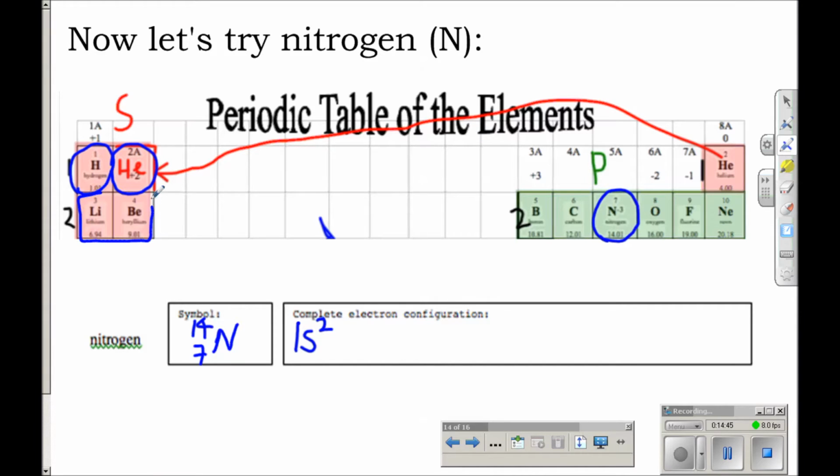Our third and fourth elements right here are both in the second period S block. There's 2 of them, lithium and beryllium, so we'll put a 2 here. Then we have to keep going. Our 5th, 6th, and 7th, and remember we're going to stop at our 7th because that's the one we're writing the electron configuration for.